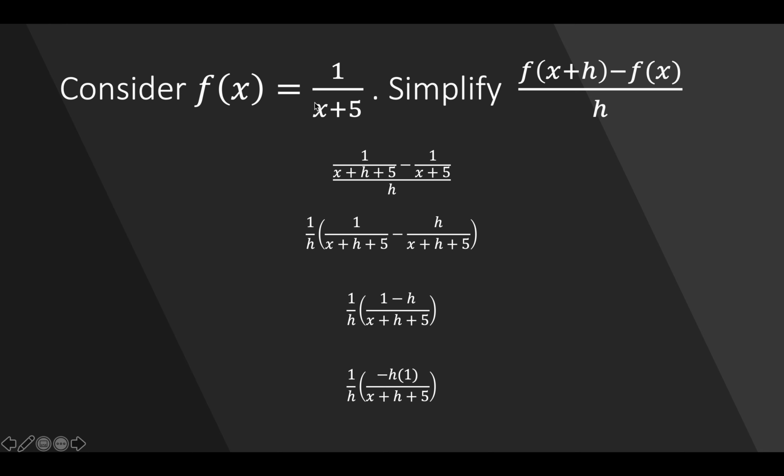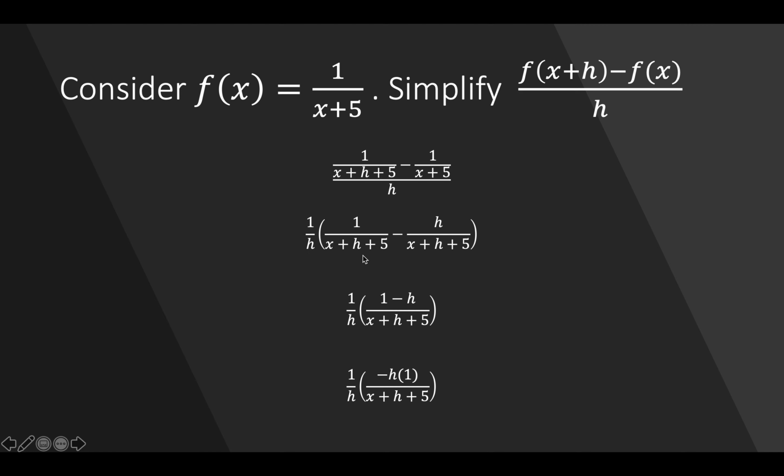So here's our x, and we plugged in x plus h, and then we subtract f of x, which is basically just the function, 1 over x plus 5, and all of that is divided by h. To make things easier with simplifying later, I take the h from the bottom and take it up to the top, so it becomes 1 over h.